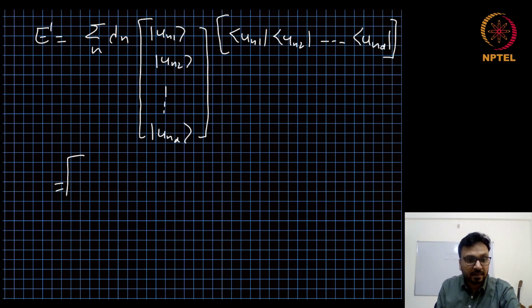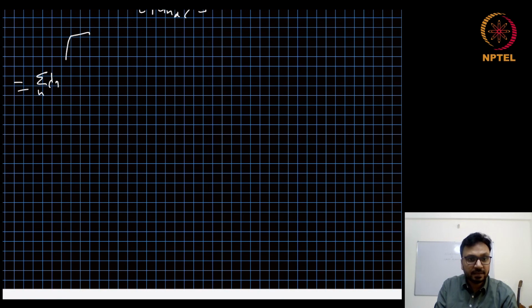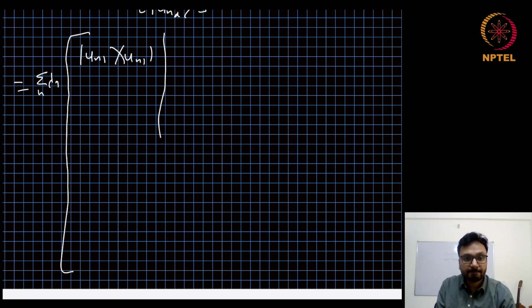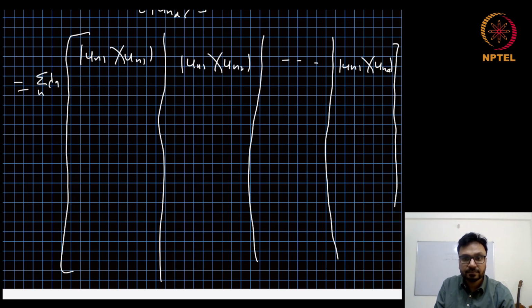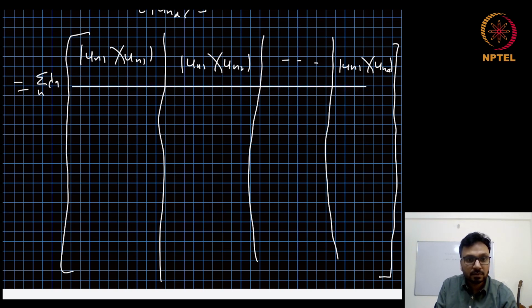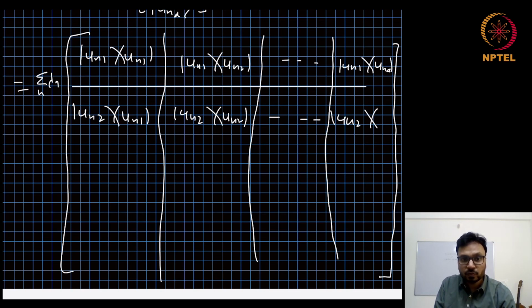If we expand it, we can keep the sum over n outside, and lambda n times the matrix with entries un1 un1 dagger, un1 un2 dagger, un1 unD dagger, un2 un1 dagger, un2 un2 dagger, un2 unD dagger, and so on.